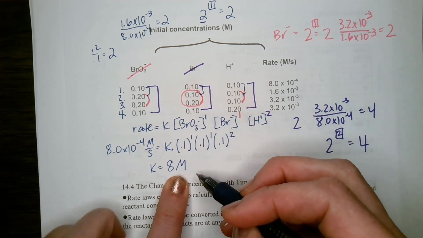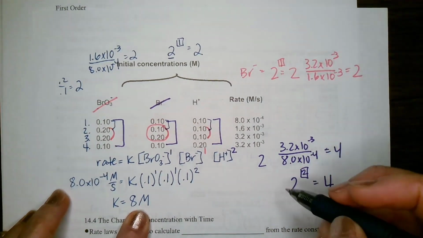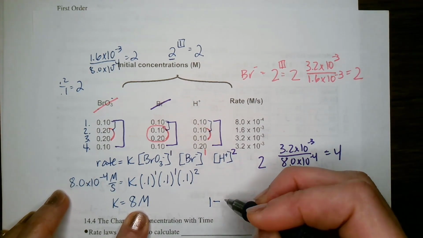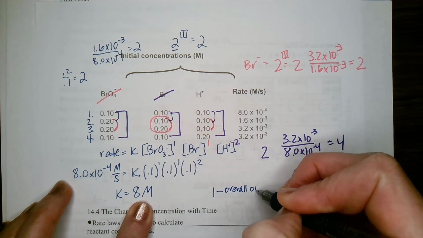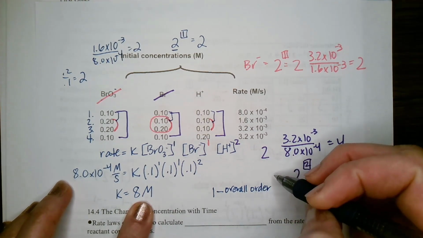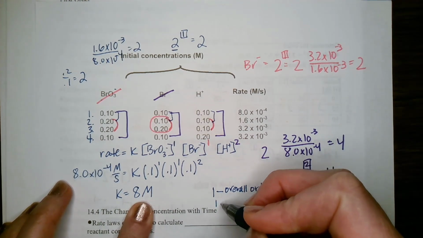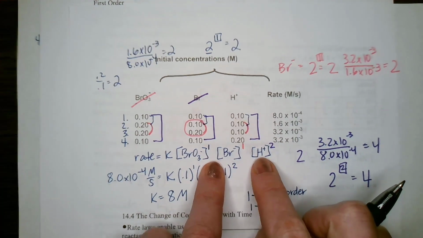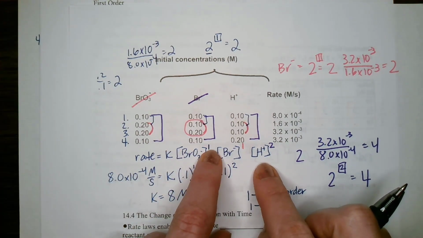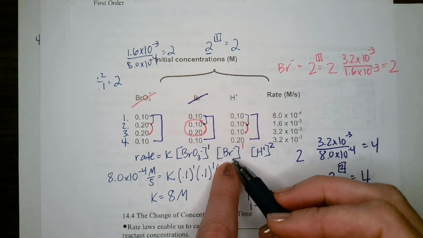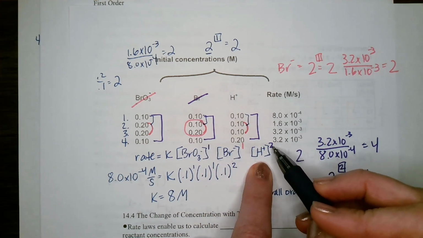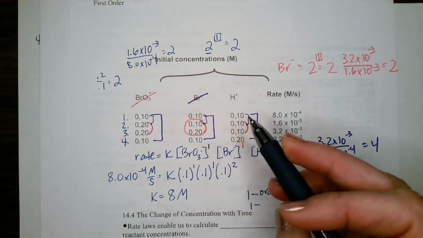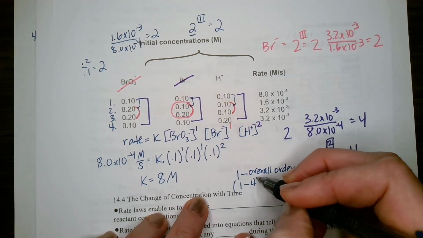Now, remember to find our units. We take molarity and we're going to raise it to 1 minus the overall order. Remember, our bromate was to the order of 1, bromide was to the order of 1, and hydrogen was to the order of 2.